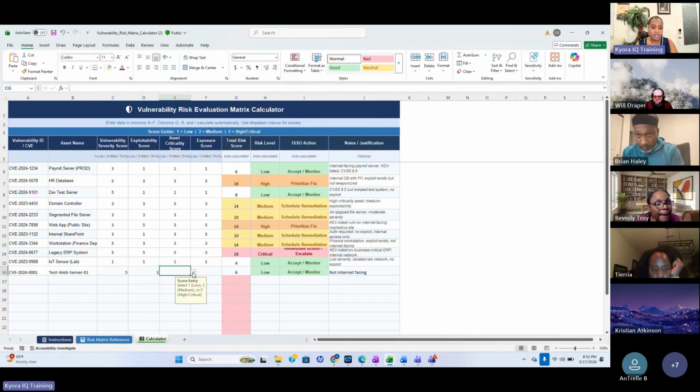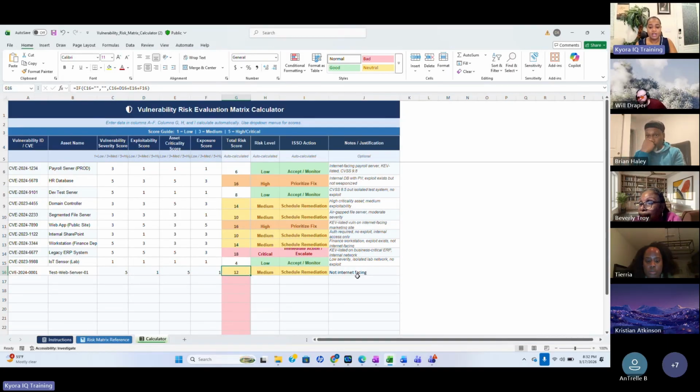The asset criticality score was high. The exposure score was low because it was not internet facing, right? And then it gives you an automatic total risk score of 12. This is a medium, schedule remediation, and it's not internet facing, right? So this is how you practice walking through. And this is just beginner scenarios for you guys.